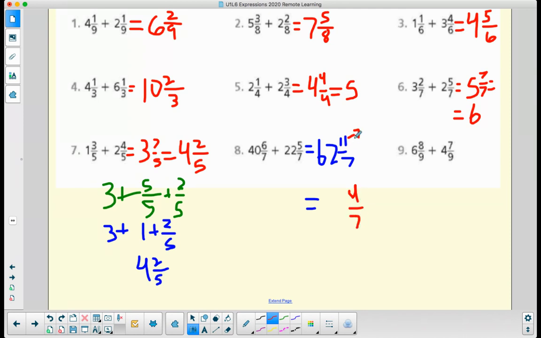And these 7 sevenths they took away, they're going to add to their 62 wholes to make 63 wholes. 62 and 11 sevenths is equal to 63 and 4 sevenths. 6 plus 4 equals 10.